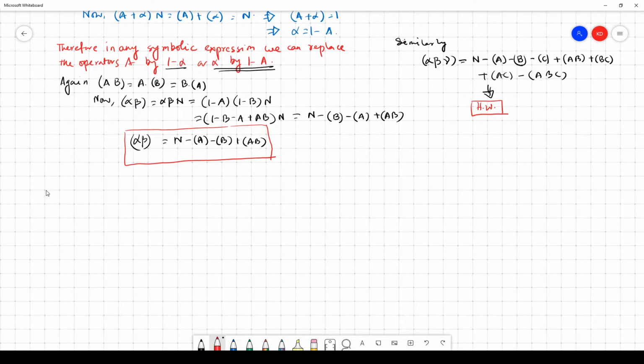Now, condition for consistency. The attributes denoted by capital letters may be termed as positive attributes. I already mentioned this.